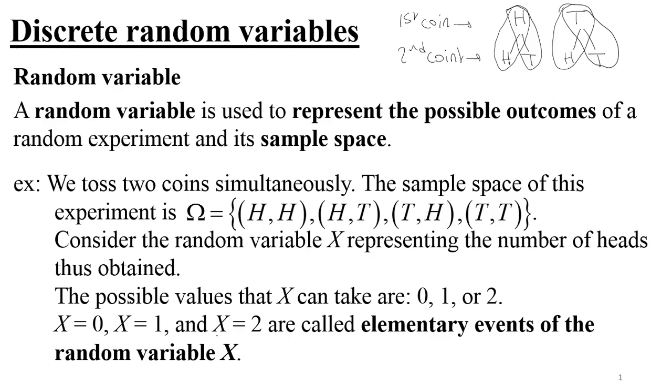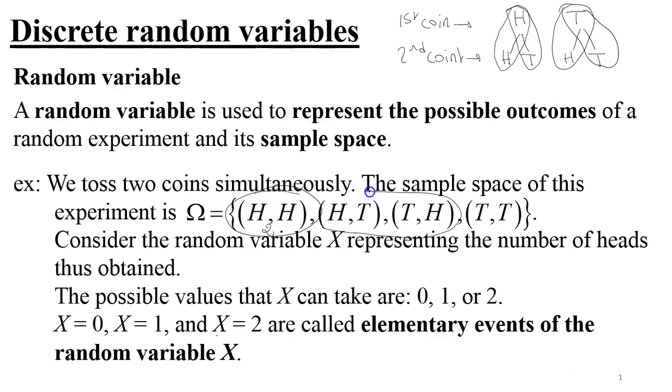Whenever you introduce a random variable to a random experiment on its sample space, the first thing you need to do is to give the possible values that this random variable can take. For example, if you're tossing two coins and given this set omega as the sample space, how many possible heads could we end up with? This outcome has two heads.